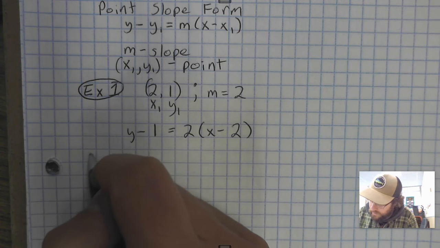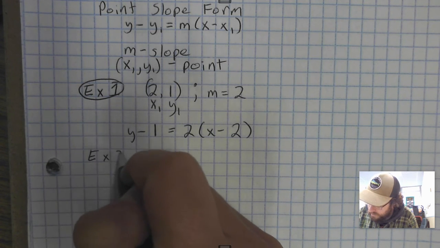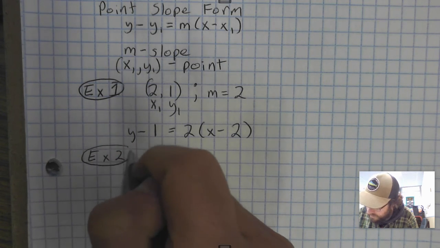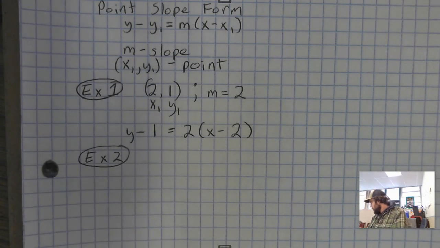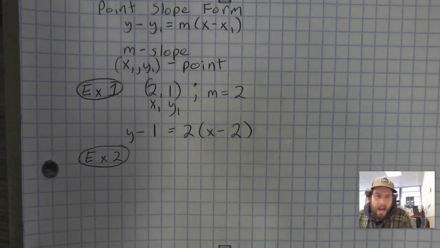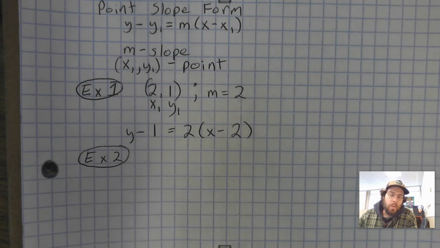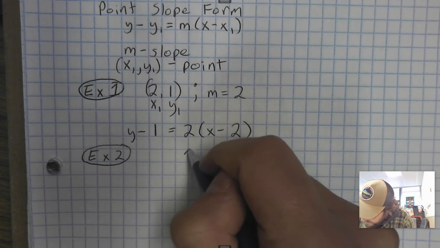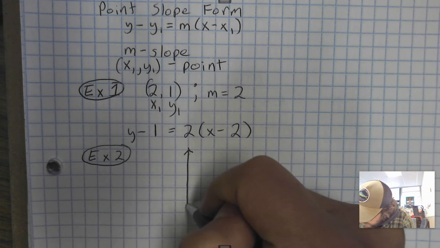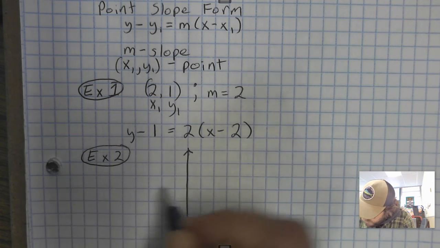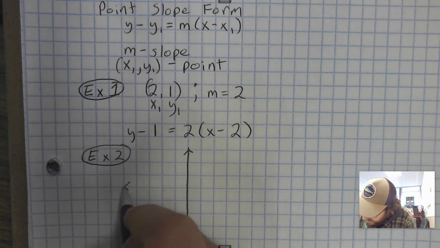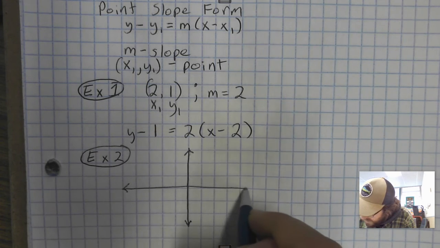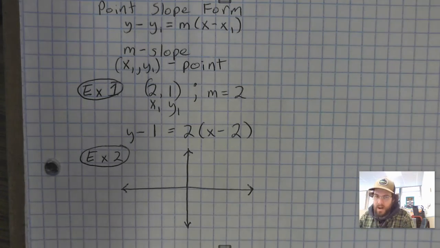Example 2. What always happens is they start taking things away from us slowly. On this example, they're going to give us a graph of a line.